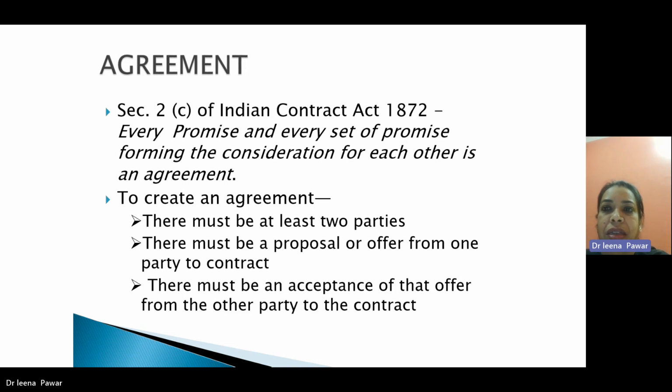Only agreements which fulfill the essentials mentioned under section 10 can be enforced. So what it means is, all contracts are agreements, but all agreements are not contracts. An agreement which is not enforceable by the law is not a contract.